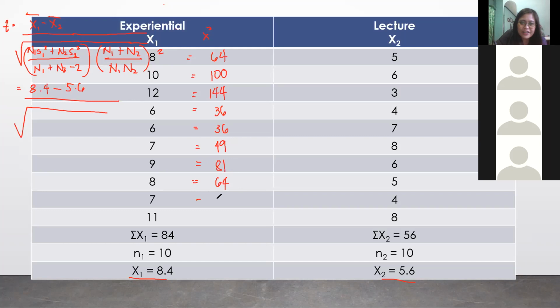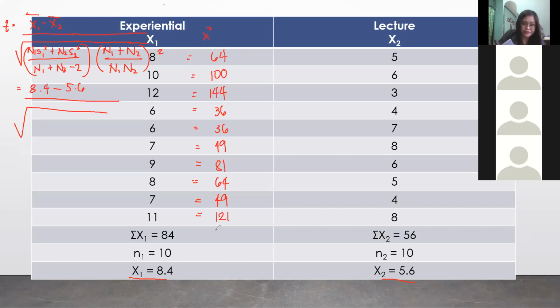This is 49 again and then 11 squared is 121. Okay?